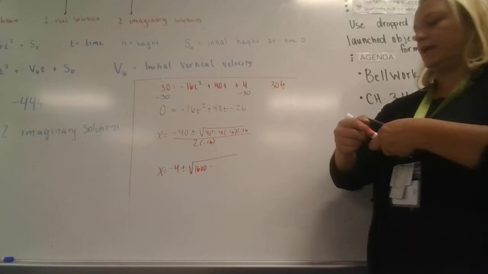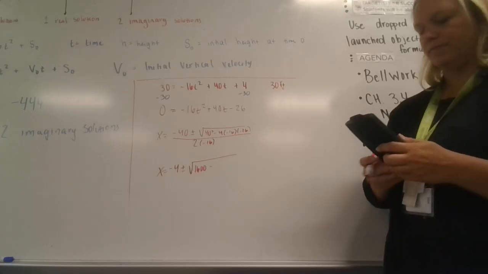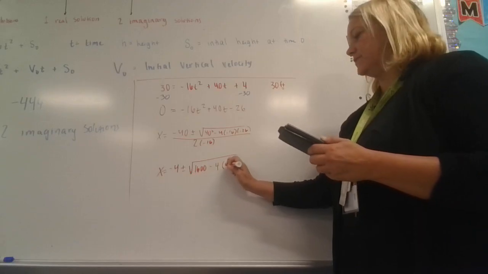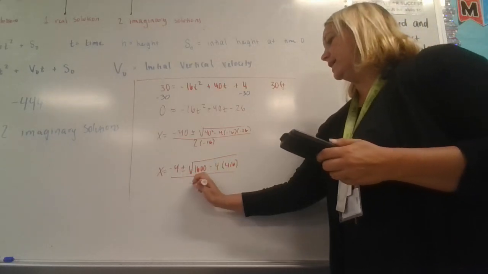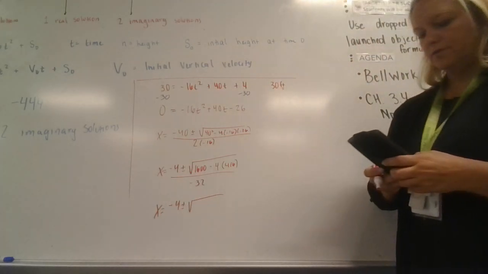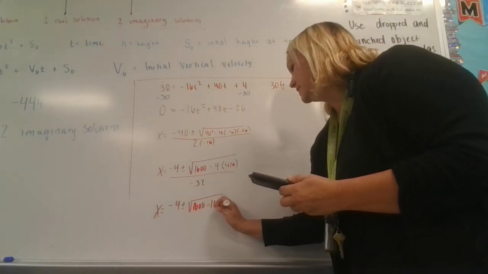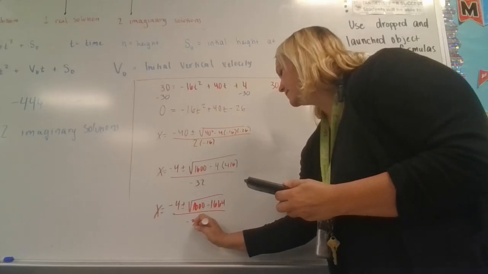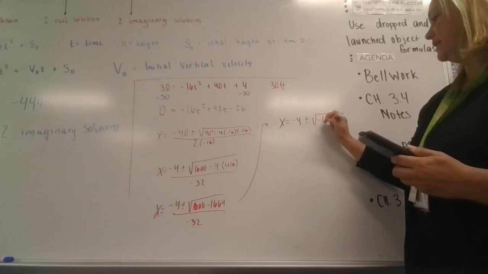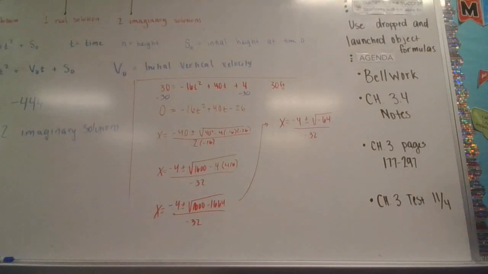Then I do negative 16 times negative 26. Yeah, this is for 30 feet. And I get minus 4 times 416 over negative 32. So 4 times 416 is 1664. And then I do that subtraction and I get negative 64, which is syntax error in a calculator.